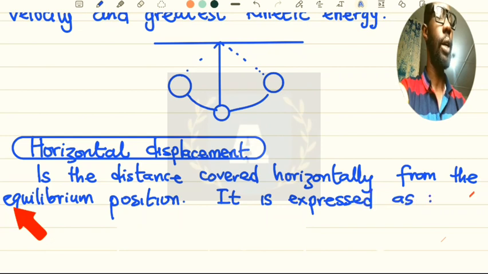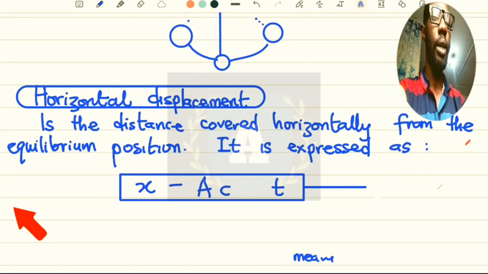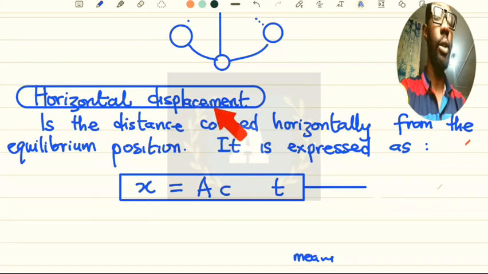It is expressed as, so what is the equation? The horizontal displacement, that has the symbol x, is equal to A cos omega t. So that would be the second equation.